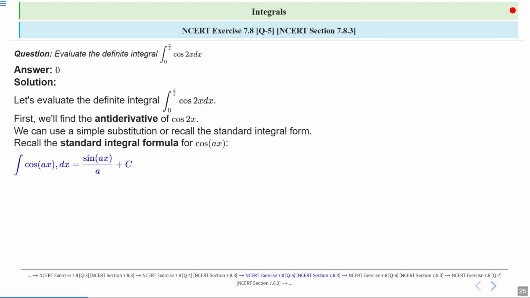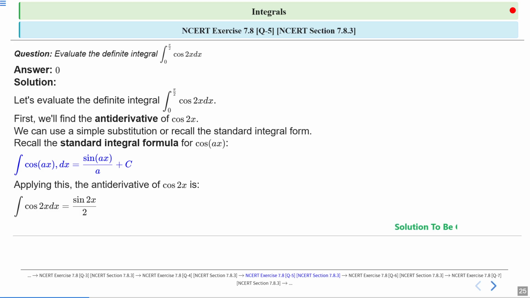That is, integration of cos ax dx is sin ax by a plus c, and integration of cos 2x is sin 2x by 2. That is the value of the antiderivative.